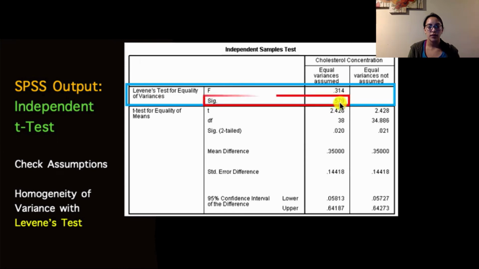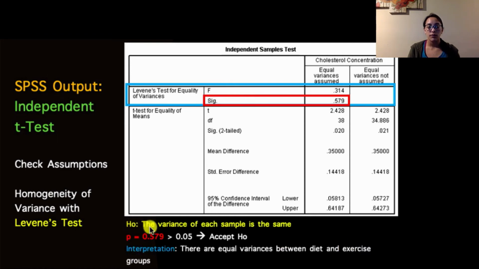So that's kind of our primary focus for being able to interpret if we've met our assumption of homogeneity of variance or not. So if you'll recall from the previous lecture video, we said that the null hypothesis for Levene's test is that the variance of each sample is the same.